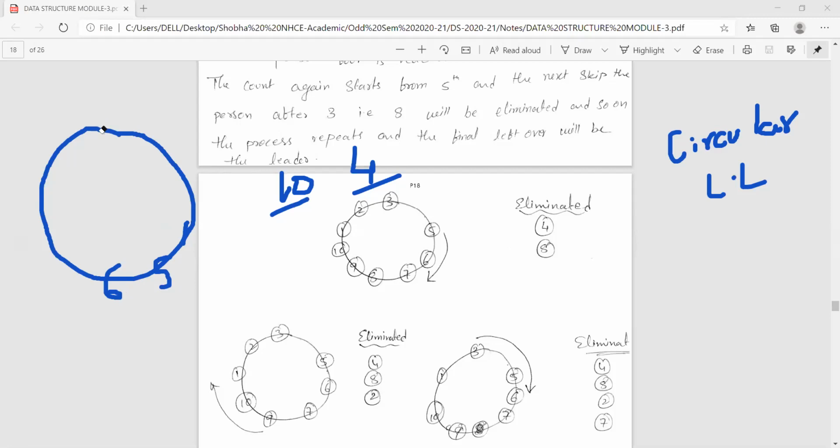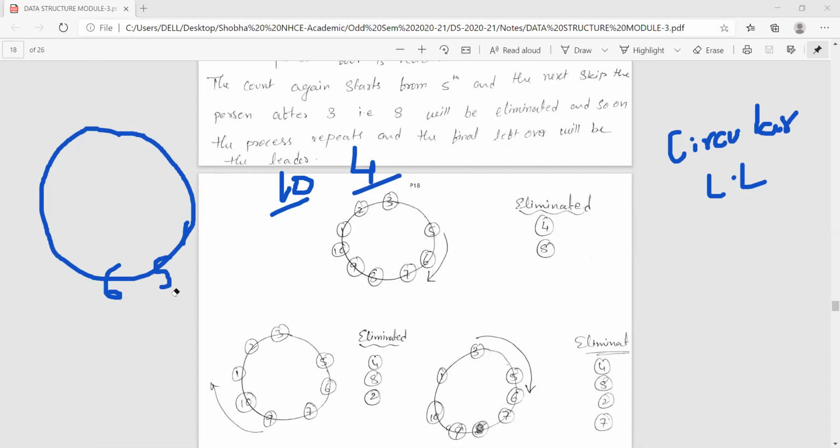Did you get the point there? Yes, ma'am. As it is a circular linked list, the next of 6 is 1. So 1 is removed. Again, now it starts from 5. 5, then 6, then again 5, 6, so 5 is the third and the fourth is 6.